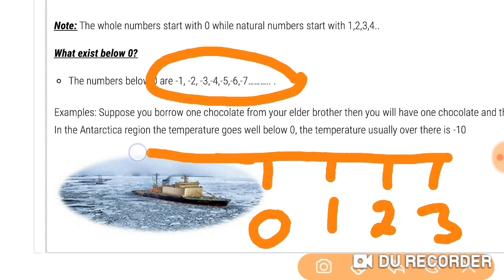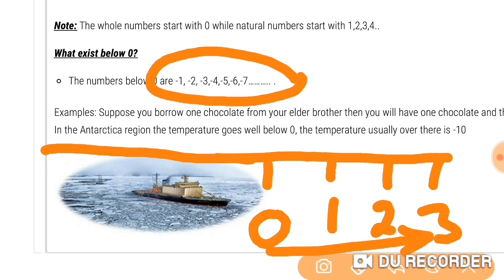We now studied the numbers in ascending order, always writing the numbers from left to right, that is, smaller to bigger numbers. In the same way, 0 is a bigger number than -1. That is, -1 is the first number lesser than 0.